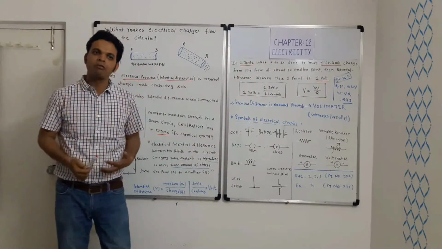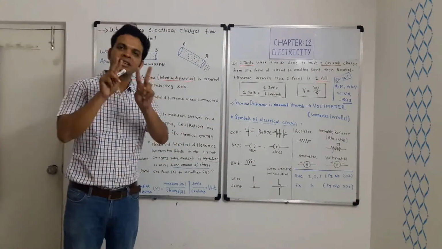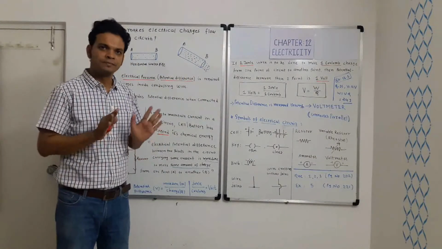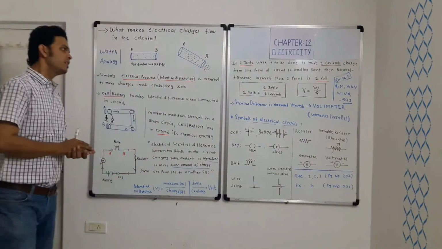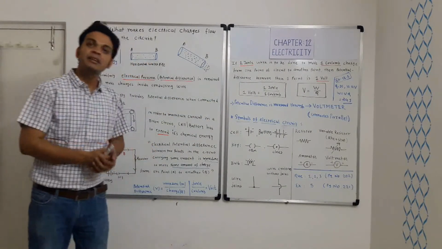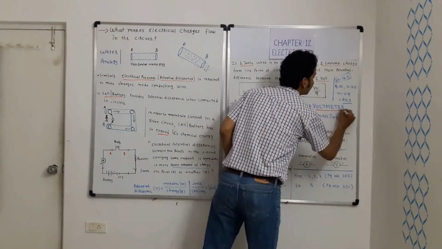So the work required to move a charge of 2 coulomb between these 2 points is 24 joule. Is that understood?